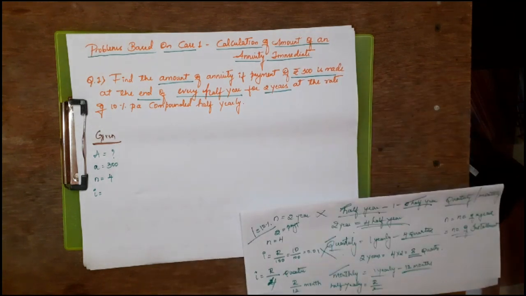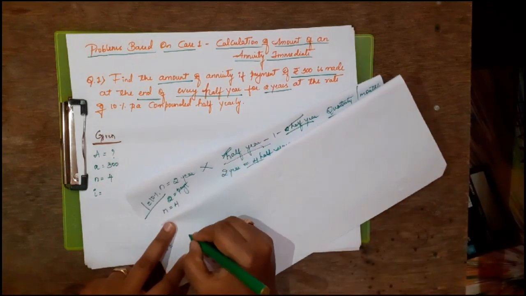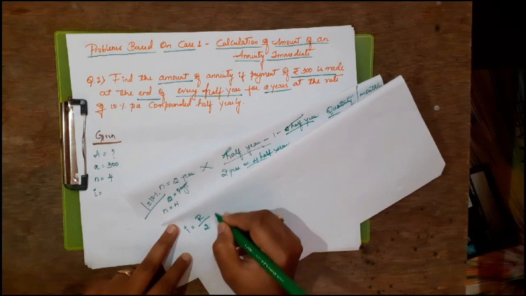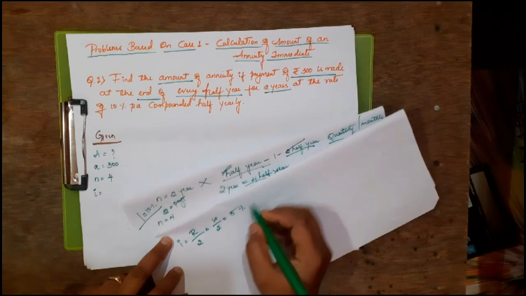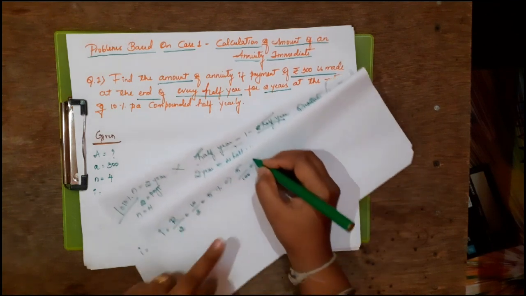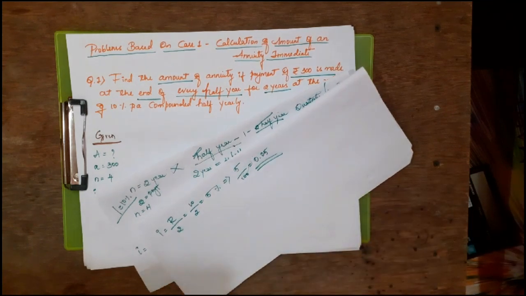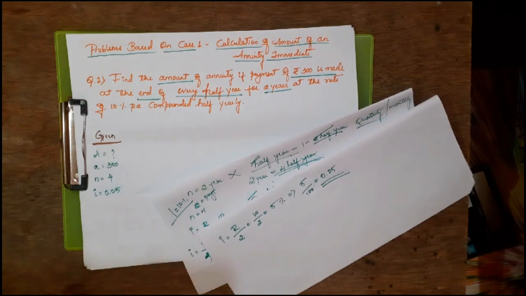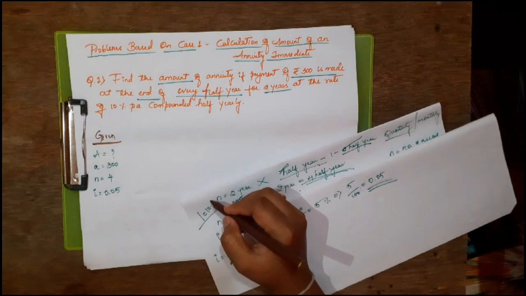So that's why i is equal to r by 2, which is 10 by 2, that is 5%. So 5 by 100 we have to take, that is 0.05. So here i is 0.05. Hope you can understand how to take i as well as n.